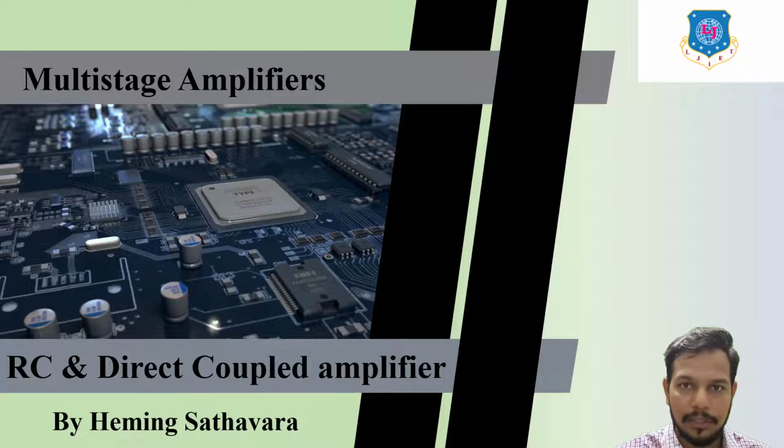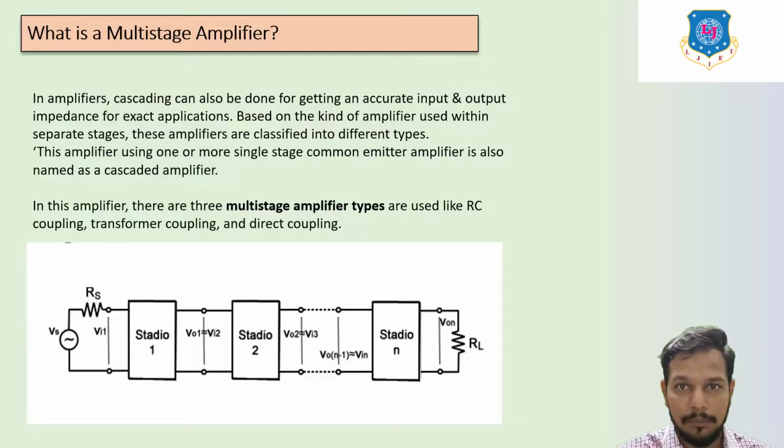Now in this session we are going to discuss various types of amplifiers. So let us first discuss what a multi-stage amplifier is. First of all, we have to remember this: in electronics and electrical engineering, most things come from the name.